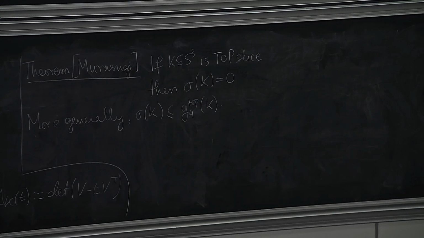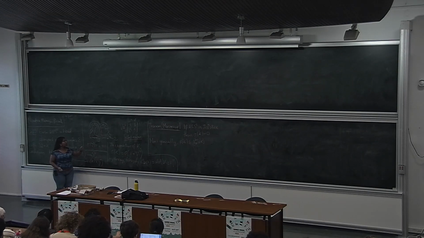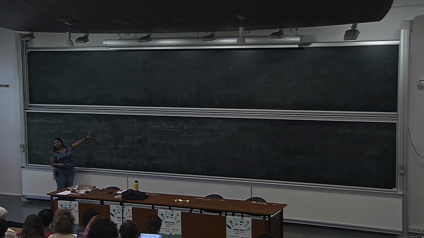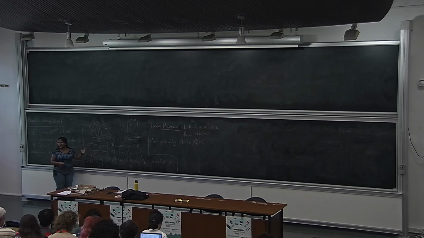So you can see this knot has Seifert genus 1, namely it bounds a genus 1 surface in S3. So it's sort of obvious from this fact that the topological 4-genus was going to be less than or equal to 1. And that result tells you that it's exactly 1.